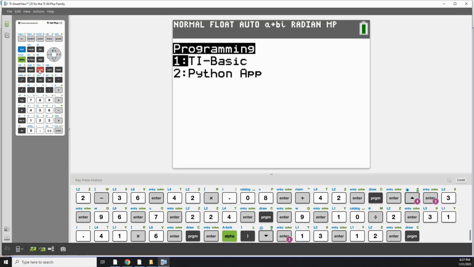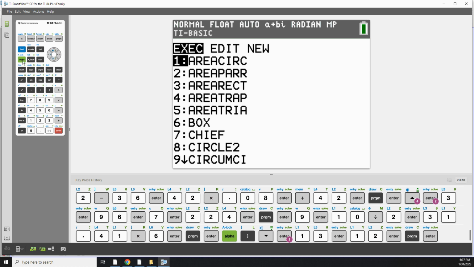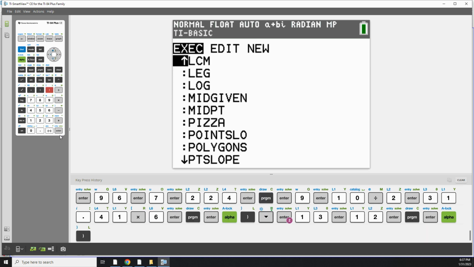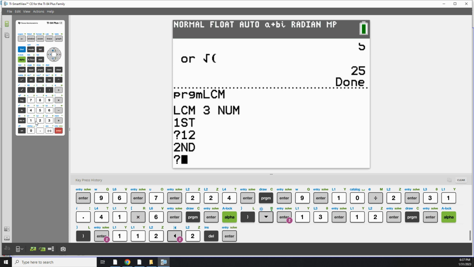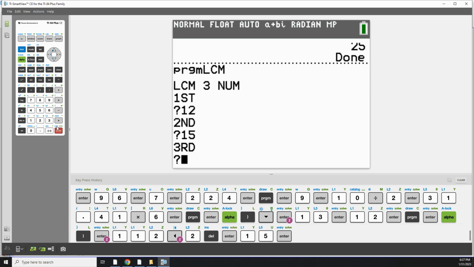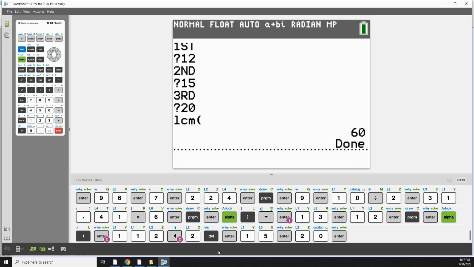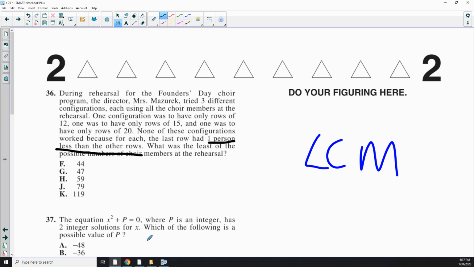They love to do hidden LCM problems, because if it was perfect and everybody had a seat, then there would be 60 seats in the house. But instead, there's one person left over. Boom, 59.